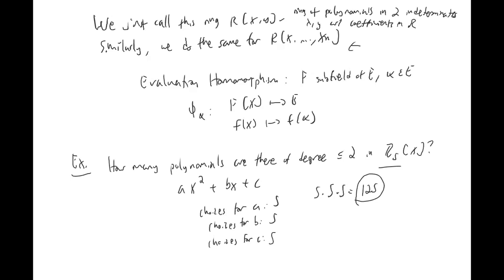Okay, so what other things can we do with polynomials? Well, we could find zeros. Find zeros in the indicated field of the given polynomial. That would be a choice too.